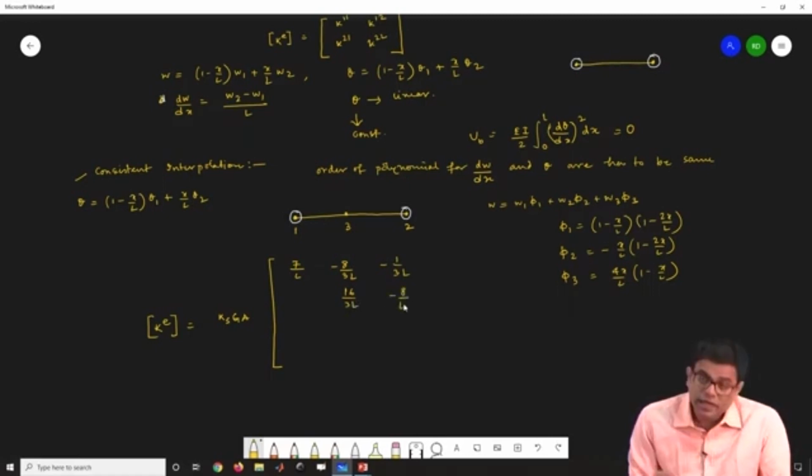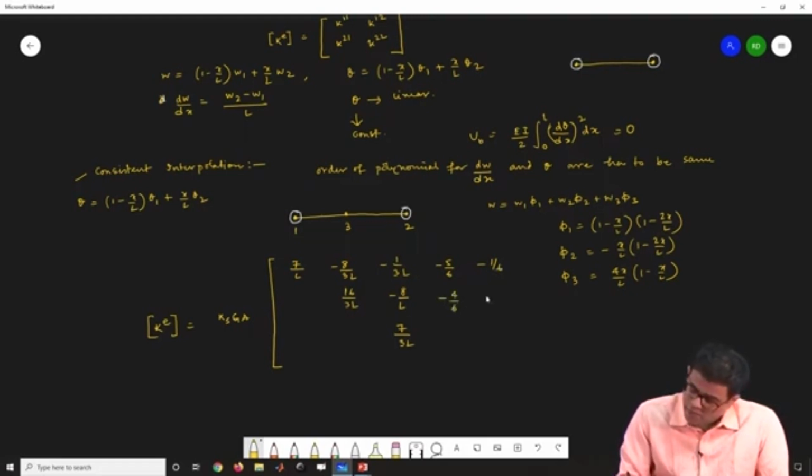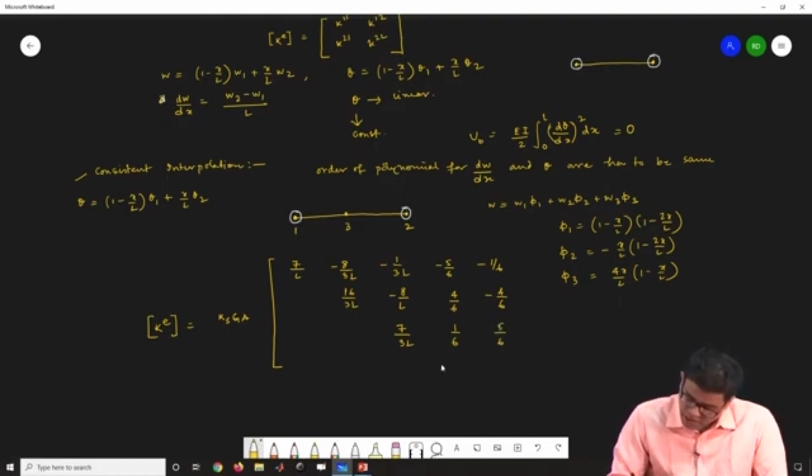This is nothing but the quadratic bar stiffness matrix, the first 3 by 3 terms. Then you will have a rectangular matrix that we derived in the last class: minus 5 by 6, minus 1 by 6, minus 4 by 6, and this is plus and this is minus, 4 by 6, and 1 by 6, and 5 by 6.